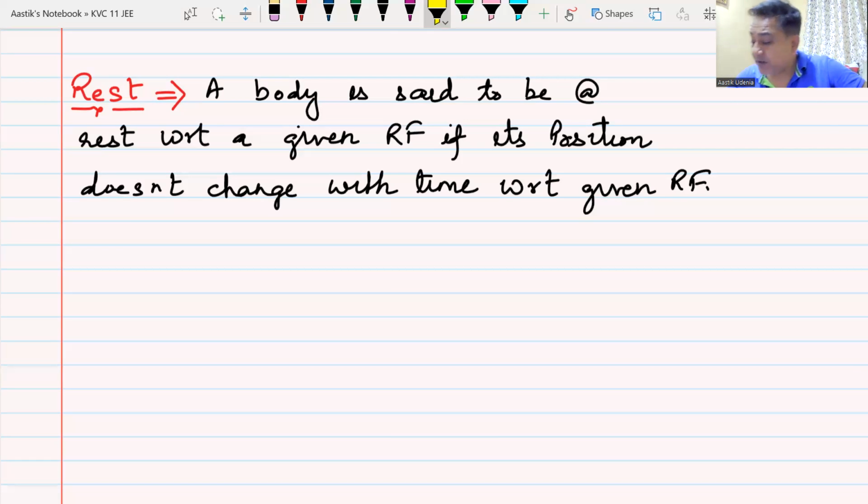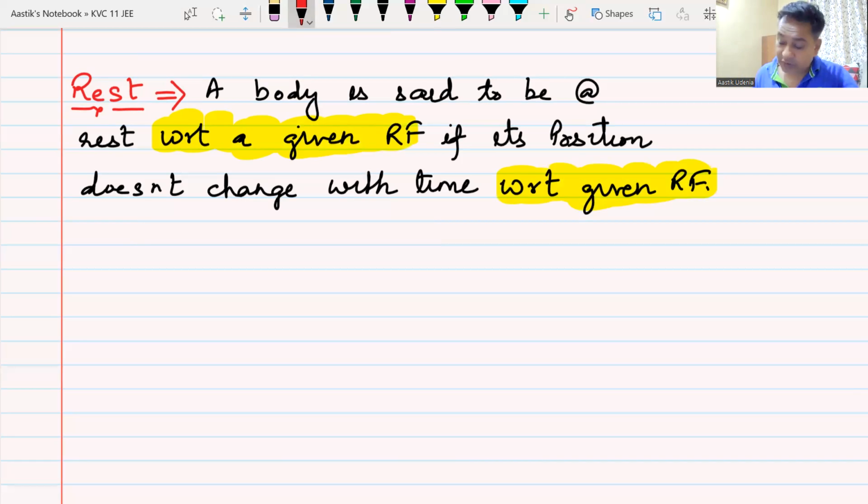And the most important feature of this definition is this one, because this is the aspect that every one of us misses, and this is the most important thing that you should not miss. Now, having told you what is rest, I hope you can tell me when do we say a body is in motion.